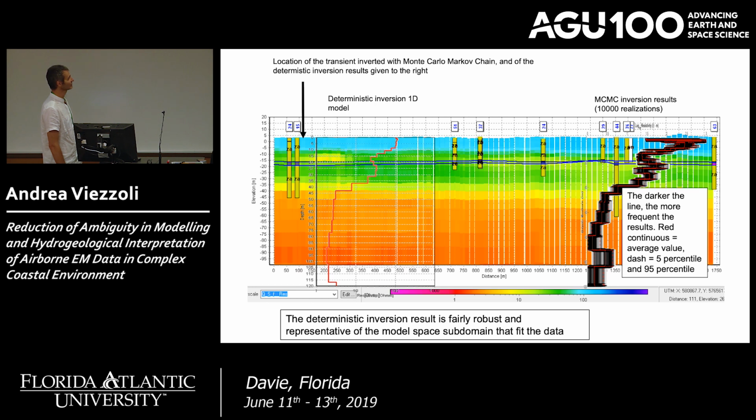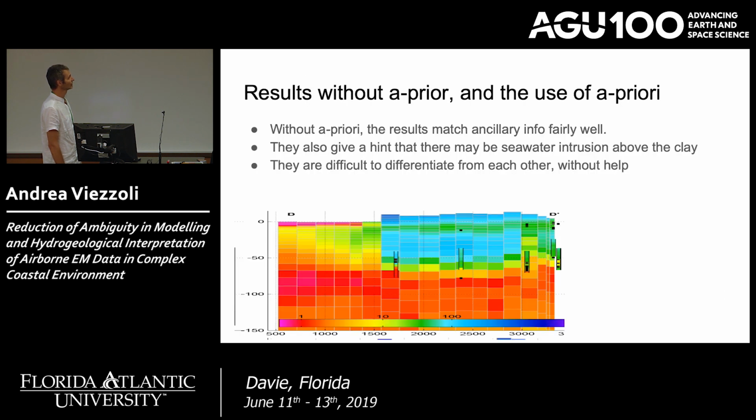And conductivity does seem to extend above it in places, but it's very hard to pull them apart. So again, this is results without any sort of a priori. Again, you get a feeling here that this is actually coming from above the clay. But it's inconclusive until you start using a priori information.